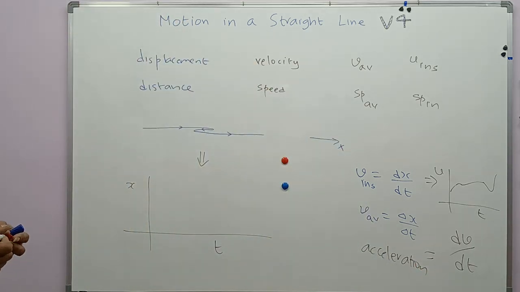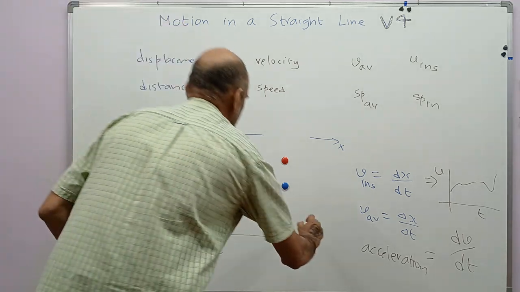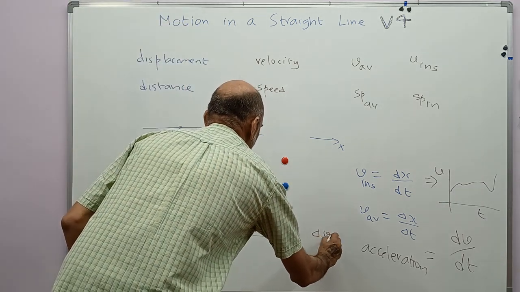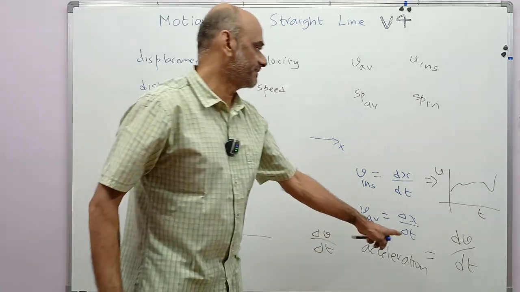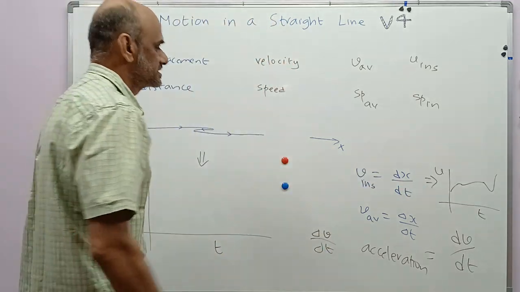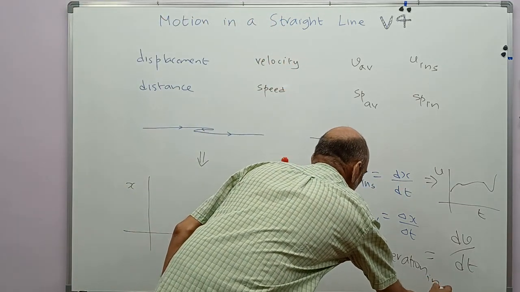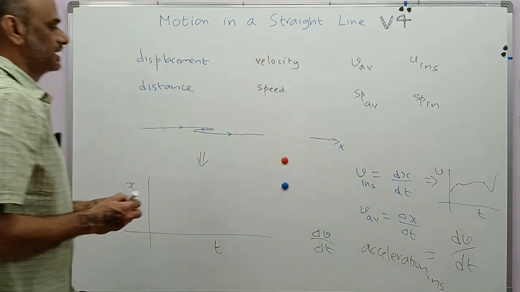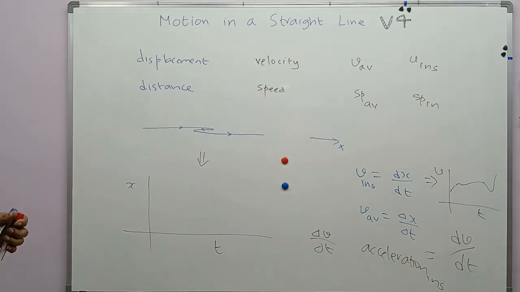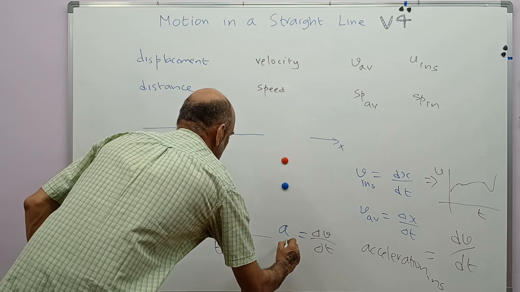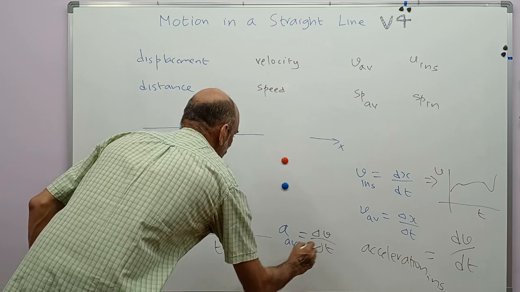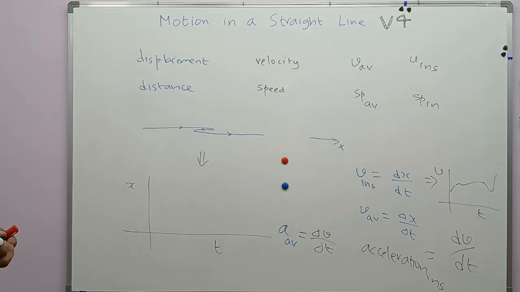And also we can find delta v by delta t over a finite time interval. dv by dt can be defined at any time, and this is called instantaneous acceleration. And delta v by delta t is over a time interval. That's acceleration, the average value over this time interval, delta t.